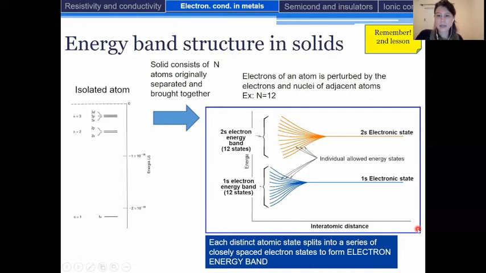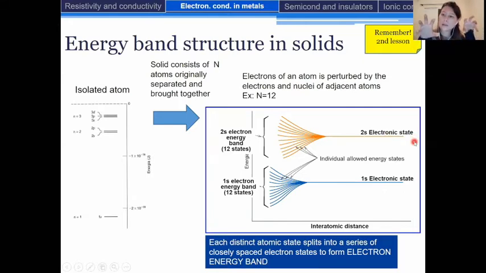In that case, let's think that the material is composed of 12 atoms. So when these atoms are far from one another, each atom will have the electronic structure that we described for the isolated atom. In that case, the 1s and the 2s electronic states are represented.